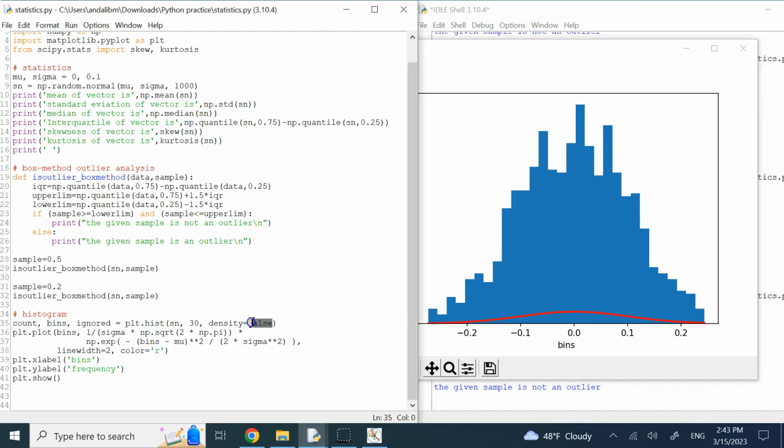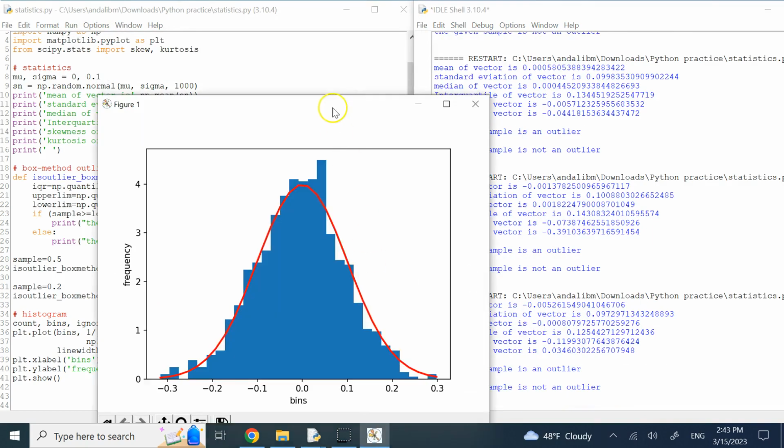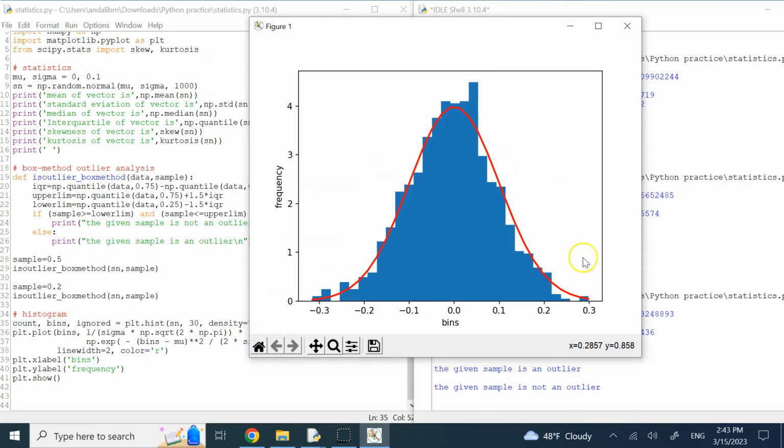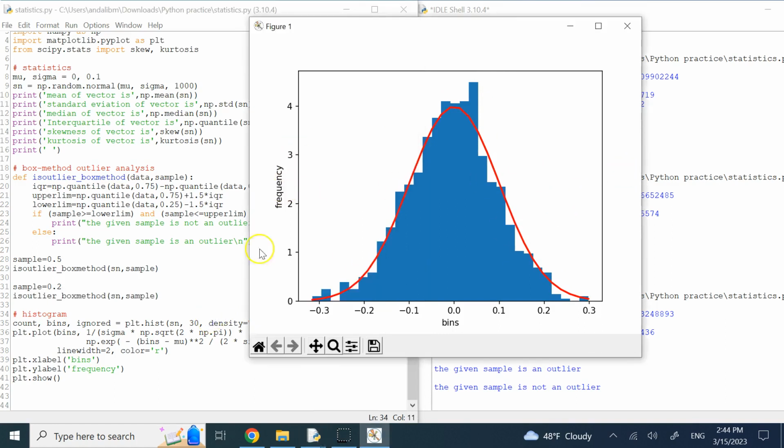So when you say true, it means, hey, do that normalization, make sure the area under the curve is 1, and that way you can assure that those two can be laid over each other and they can be compared. So if you want to compare an ideal PDF with a histogram, you have to use density true. But if you just want to see really how many counts, because these counts are not real. You don't have 1, 2, 3, 4 counts in these bins, right?